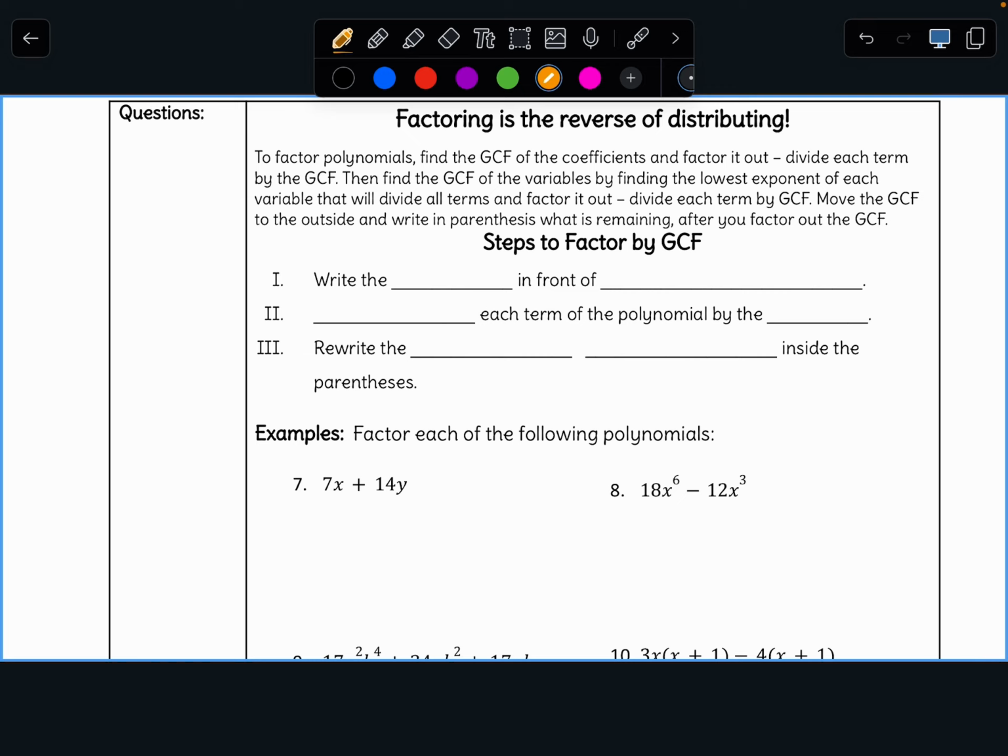So when we factor, what we did just now was to find the greatest common factor, and now we're going to use that to break our bigger products into smaller pieces. It's kind of like reverse distributing. We're just undoing the distributing. So our steps are to write the GCF in front of parentheses.